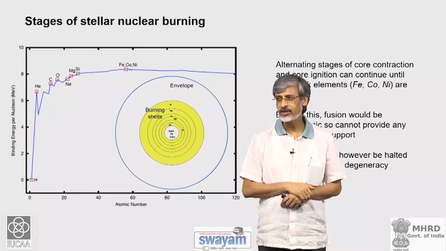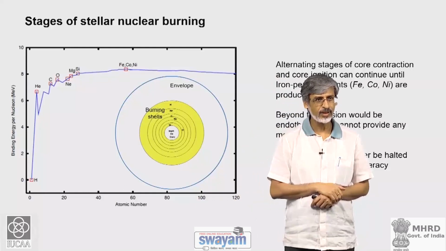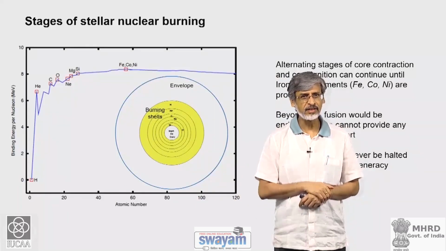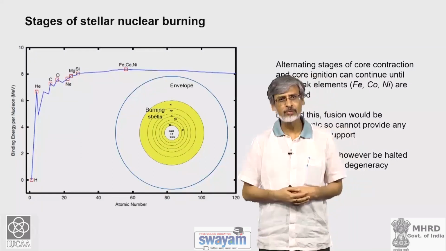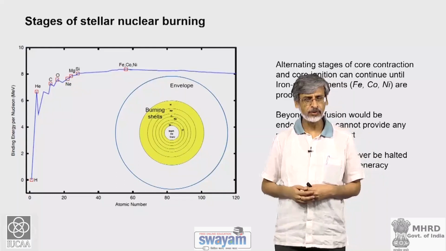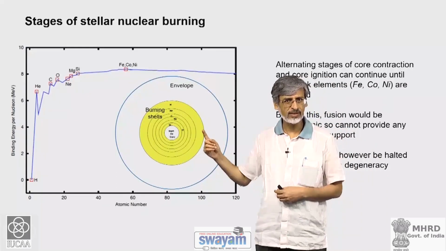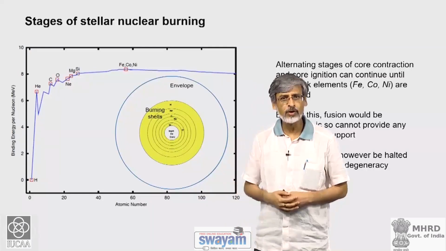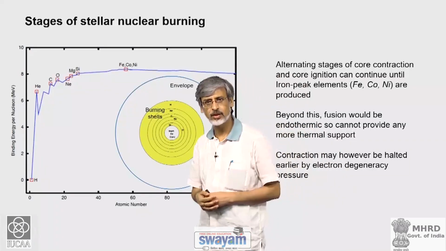That is no good in trying to support a star. So, in the stellar interior, various stages of nuclear burning will continue until iron is produced at the core. Once iron is produced at the core, there will be no further nuclear fusion.